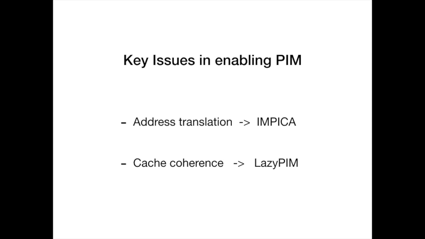Cache coherence is an issue that arises because the PIM logic is able to write to the data and make changes, and at the same time you might have multiple cores of the CPU reading and writing data that's in the cache, and so these things all need to remain in sync with each other and coherent.